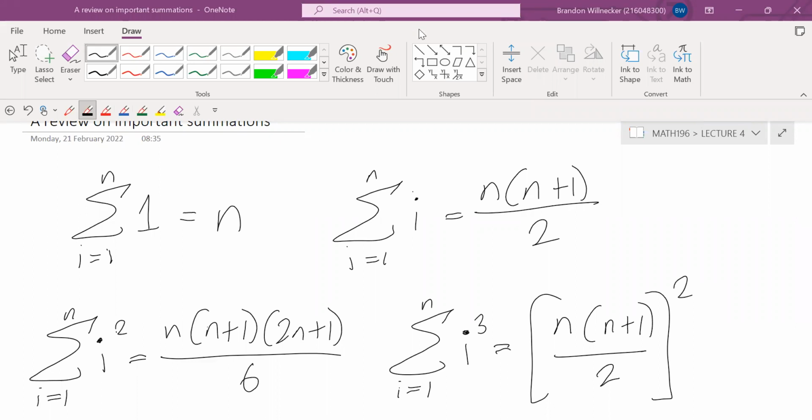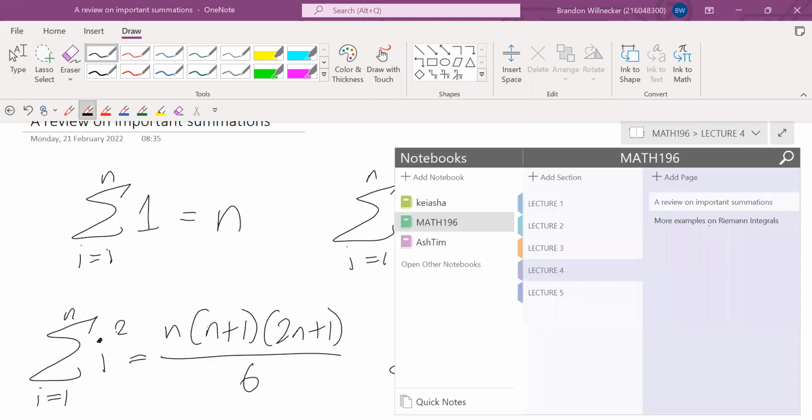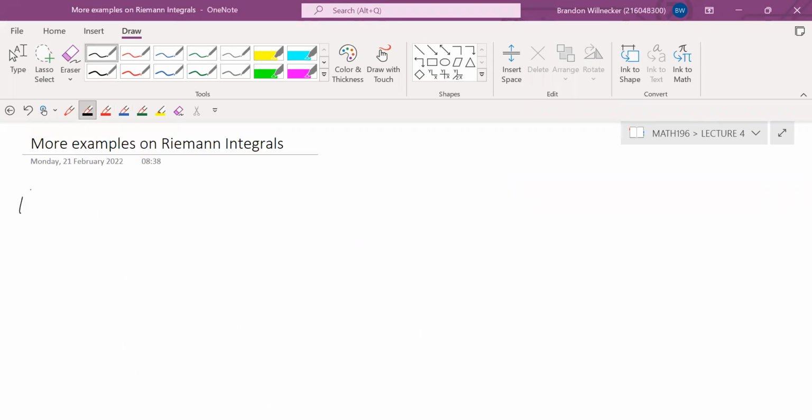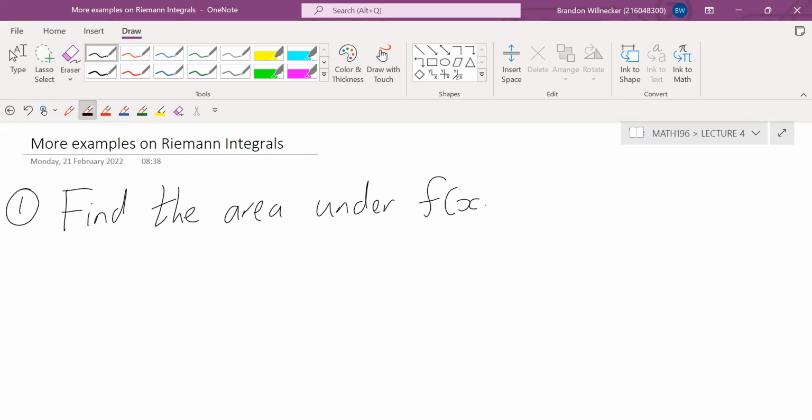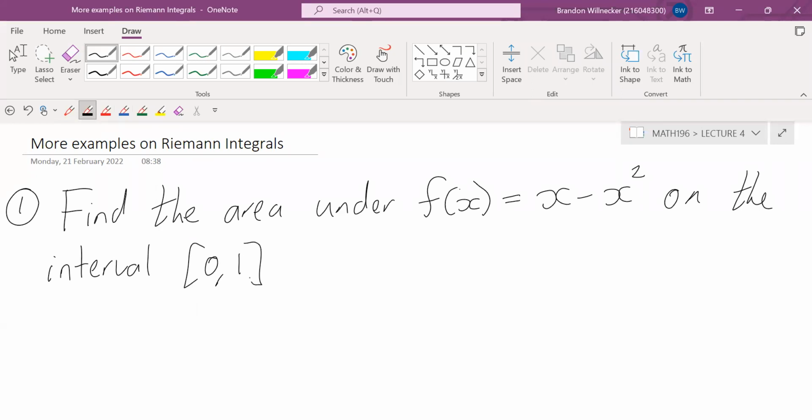But let's take a look at our first example. Okay, so this is example number 1. So we need to find the area under f of x is equal to x minus x squared on the interval 0, 1.